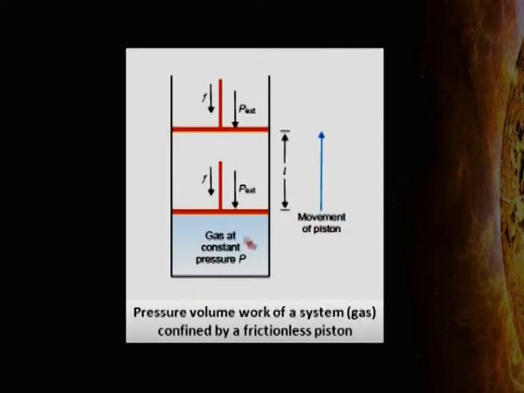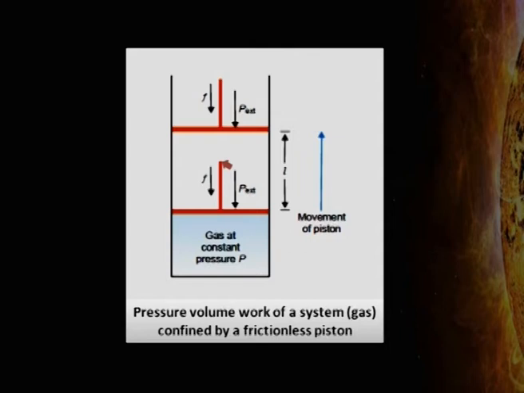Consider a gas contained in a cylinder fitted with a frictionless piston. The pressure, that is force per unit area of the gas P, exerts a force on the piston. This can be balanced by applying an equal but opposite force from outside on the piston.